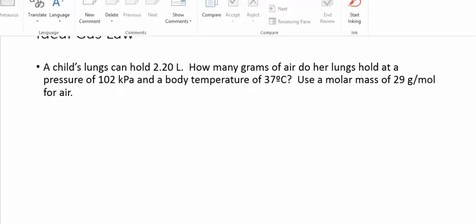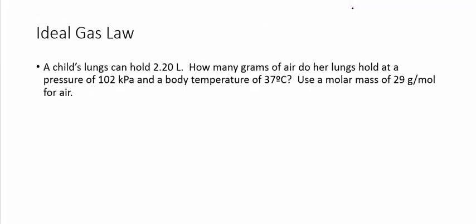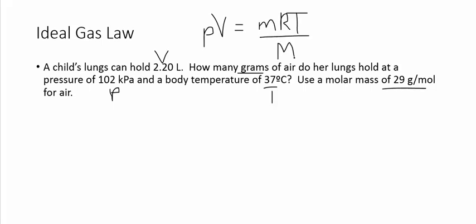Okay, this next example, you'll notice that we are given volume, pressure, temperature, and molar mass. And we want to find how many grams. There's a variation of the ideal gas law that looks like this, where small m stands for mass and capital M stands for molar mass in grams per mole.